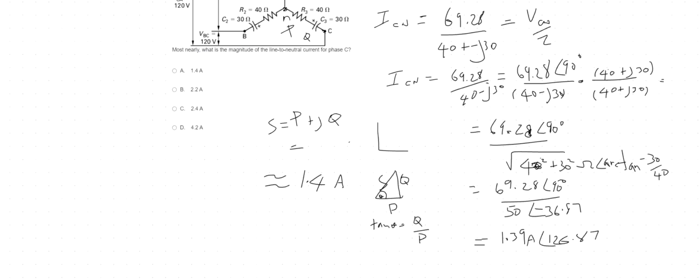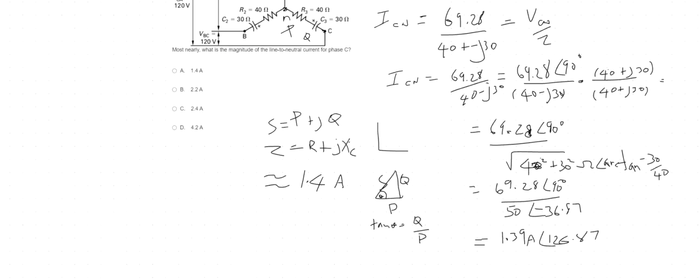So this one here is actually Z, right? So Z is equal to what? Z is equal to R plus jXC, because that is the Z we're dealing with.